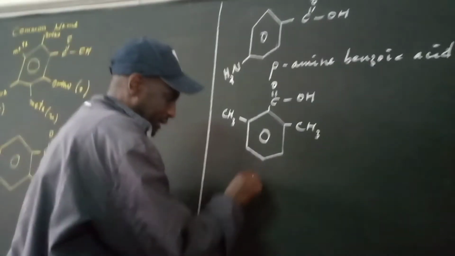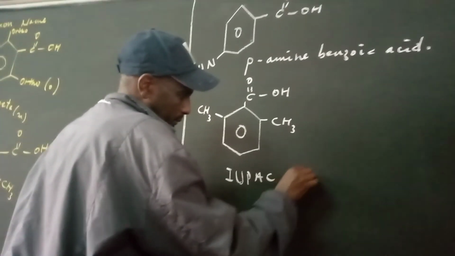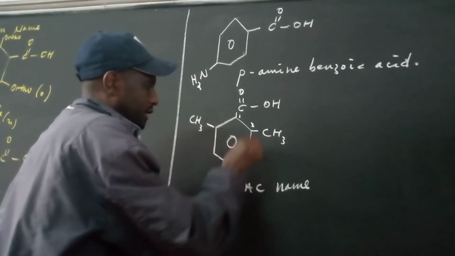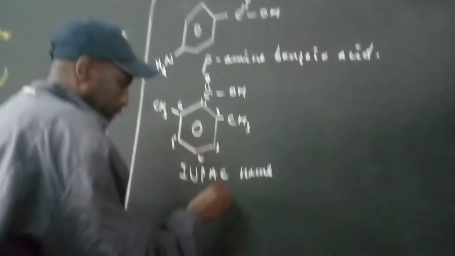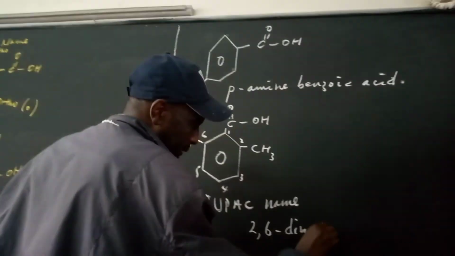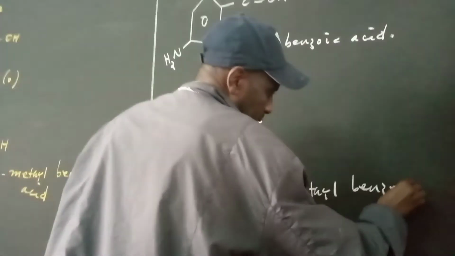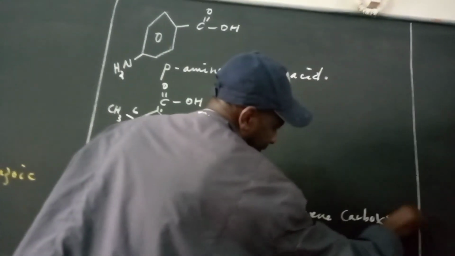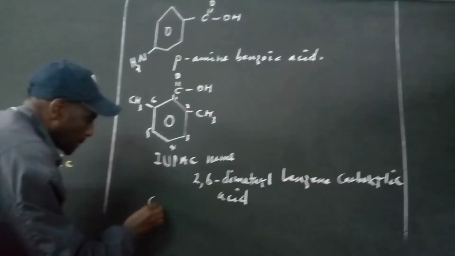The IUPAC name: this is the first carbon, second, third, fourth, fifth, sixth. The IUPAC name is 2,6-dimethyl benzene carboxylic acid.